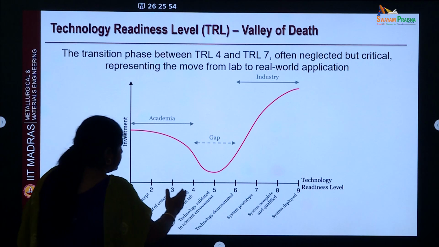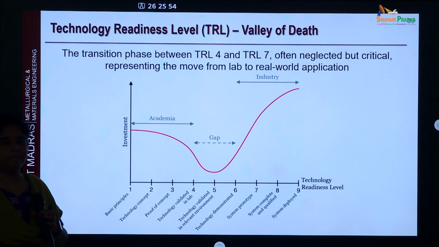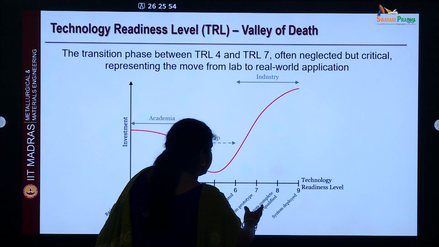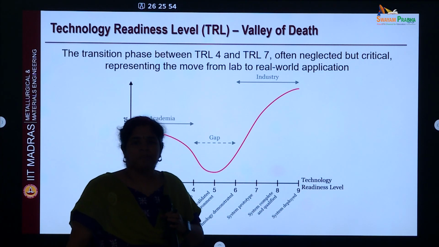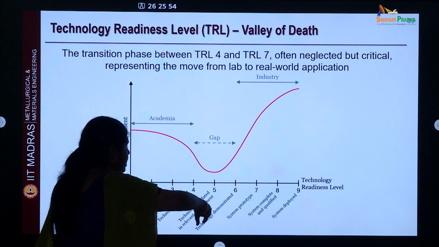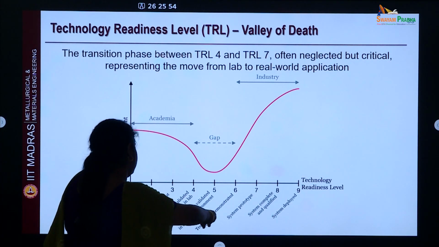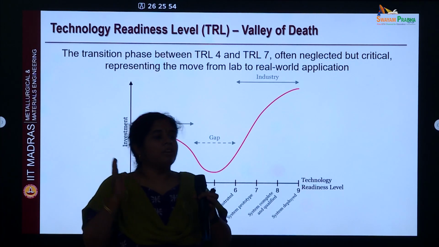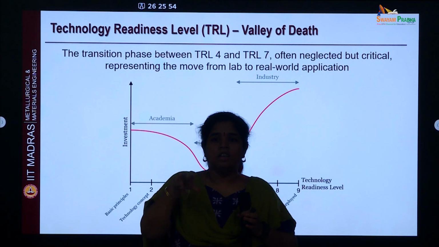TRL 1 to 4 is typically done in academia, where you see technology validation in lab, right? And TRL 7 to 9, you see system prototype, qualified, deployment. Companies will do this. Now, where does the problem come? In bridging this gap, that is, technology validation and demonstration. That is the gap between academia and industry, which leads to the valley of death in between.